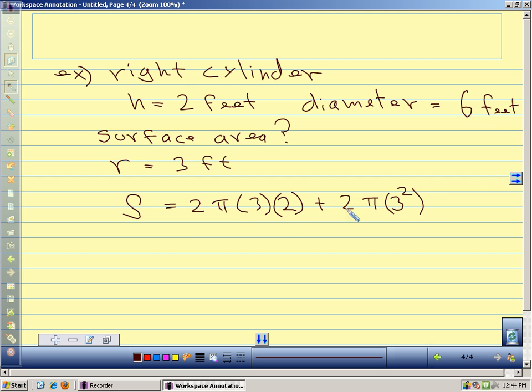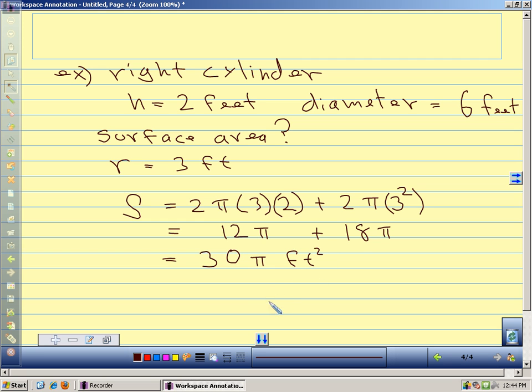And if I calculate that all out, now with cylinders, we can calculate exact answers in terms of pi, like we did with circles. So this first quantity comes out to be 12 pi. And the second quantity comes out to be 18 pi. And that just equals 12 plus 18 is 30. So we get 30 pi square feet.